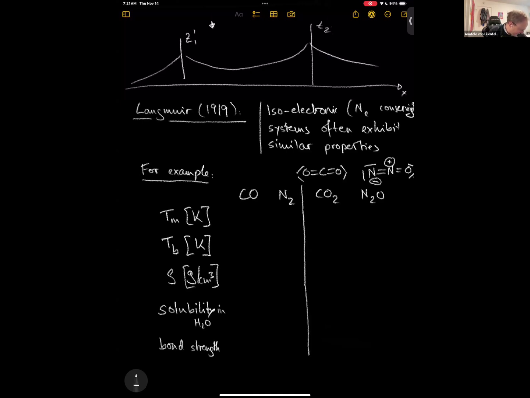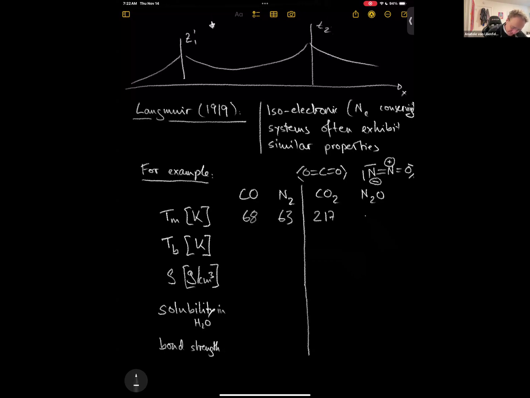So for carbon monoxide, we have some experimental numbers here we can enter. So this is on the order of 68 Kelvin. For N2, the melting point is at 63 Kelvin. So similar. Now you add another atom and your melting point goes up to 217 for CO2.